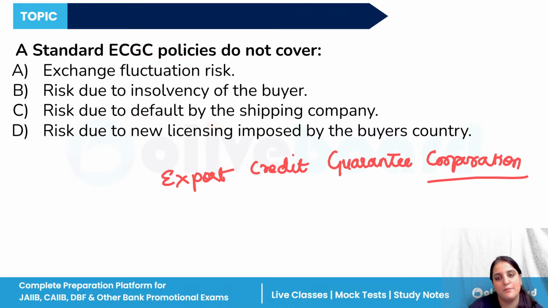Standard ECGC policies do not cover exchange fluctuation risk because it is totally related to foreign exchange. Yes, Vikram sir, the correct answer is option A. Pavan sir, Anita ma'am, very good. Option A is exchange fluctuation risk.